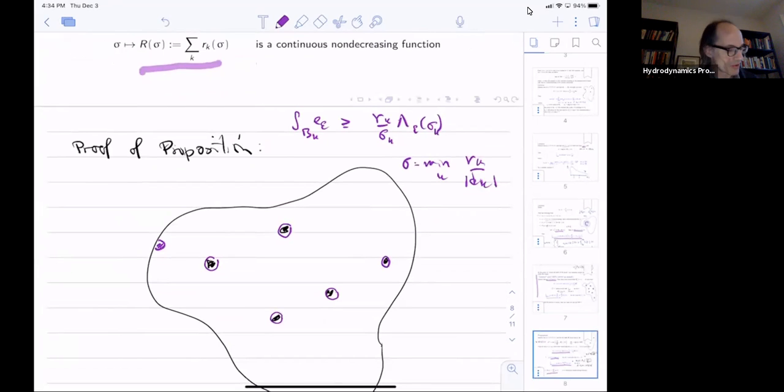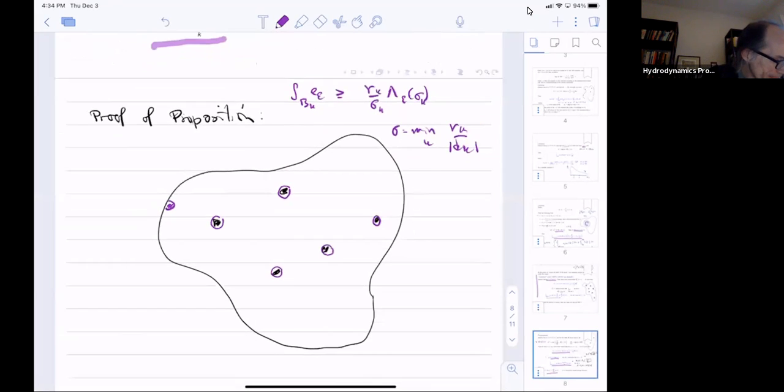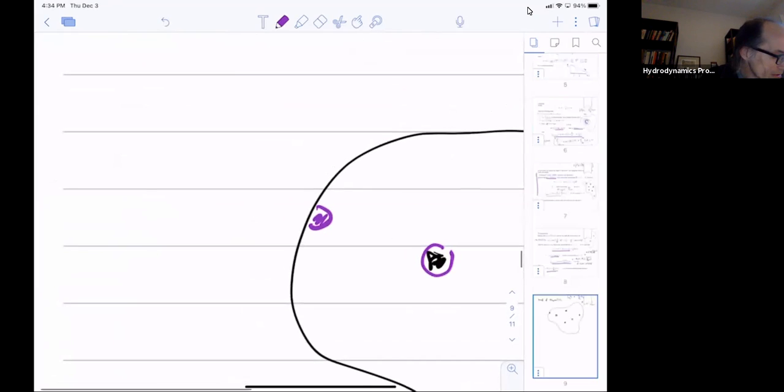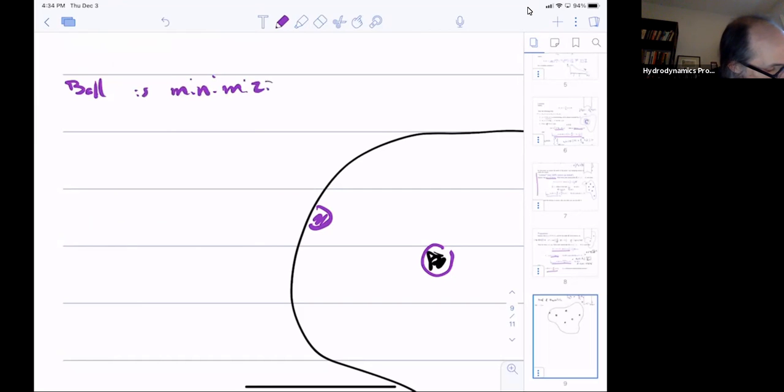What I'll do is, for some of the balls, I'll say a ball is minimizing if R_k over D_k is equal to sigma.